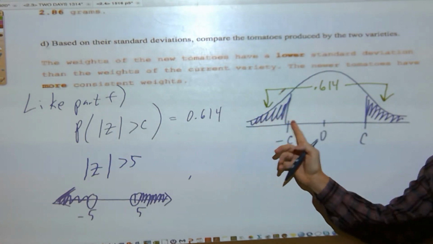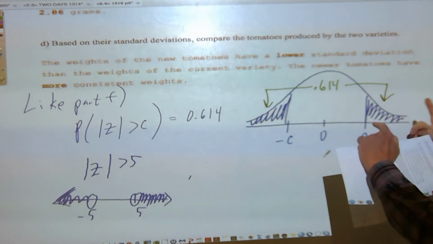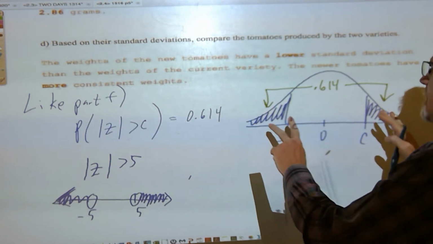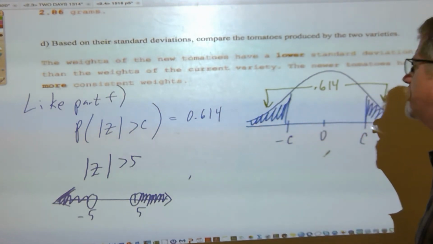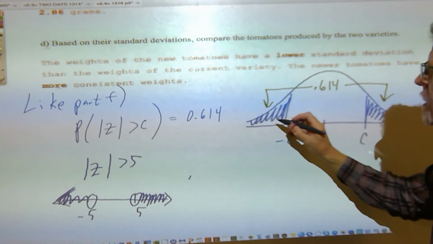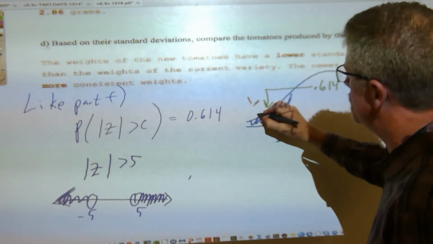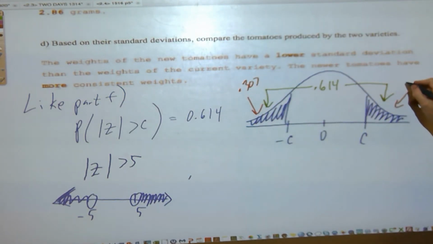It sure would be nice to know what this left area is so I could do inverse normal of left area. Well, by symmetry, each one of these shaded regions is half of 0.614. And half of 0.614 is 0.307. So this tail is 0.307, and that tail is 0.307.